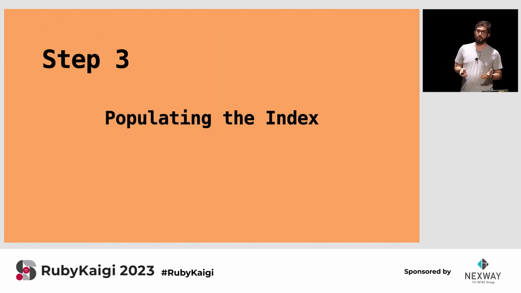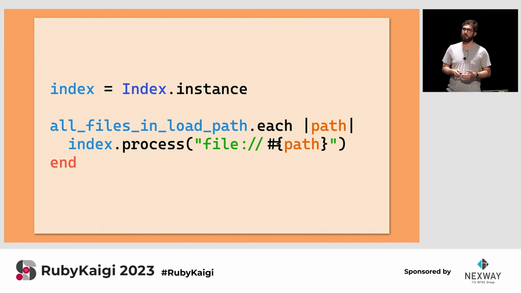Now that we have a way to extract class declarations and a way to store them, we can perform the initial indexing of the code base. The idea is to go through all files in the load path and process them with our index. Just one detail here, we're creating a URI instead of just using the file path. This will be relevant for later, even though it's not super relevant at this part.